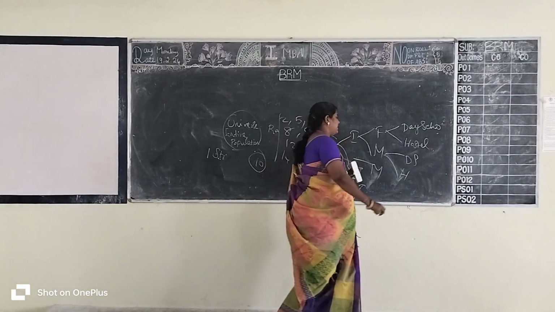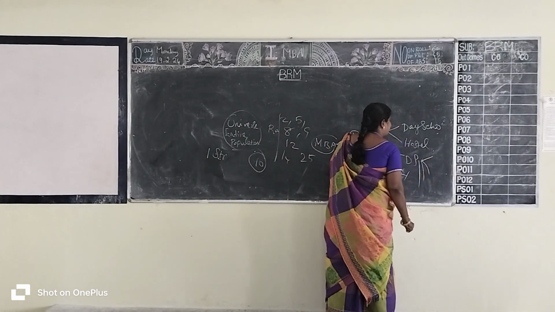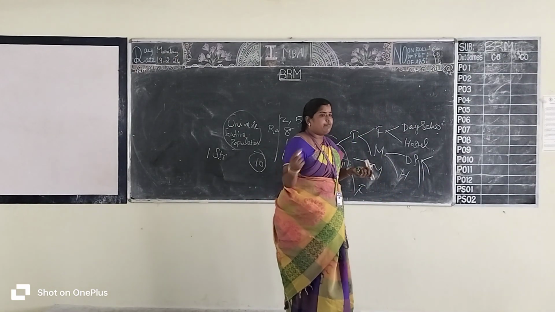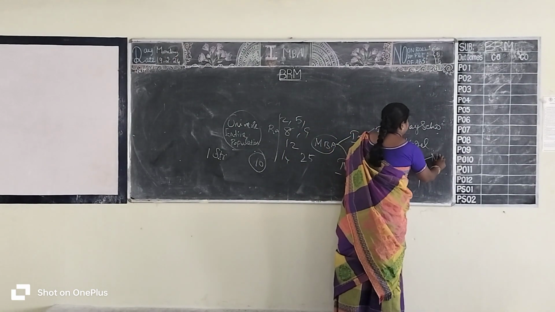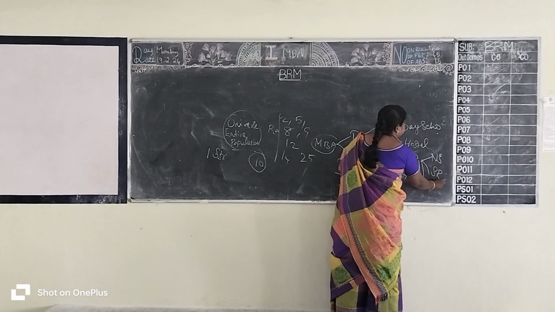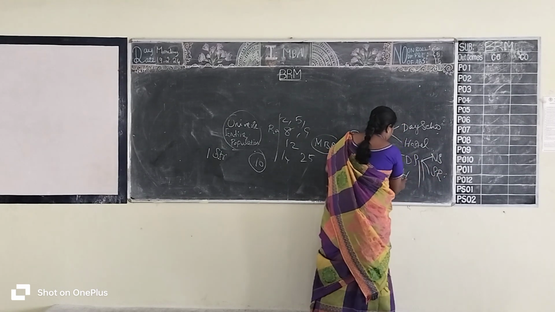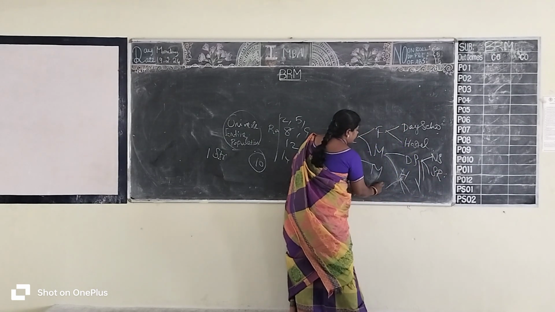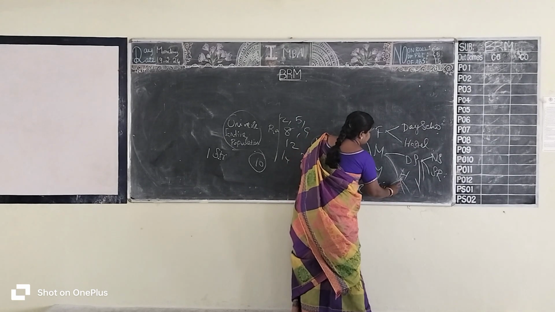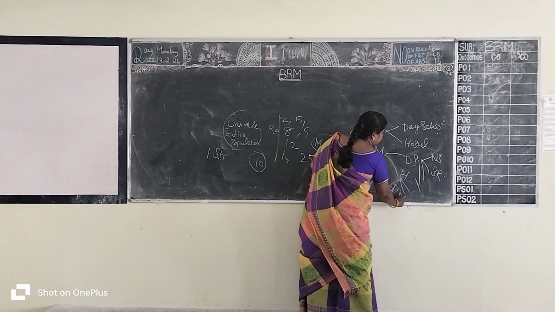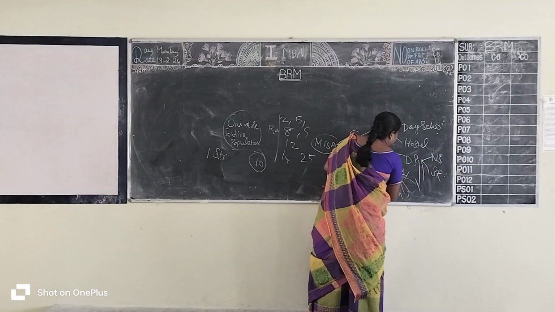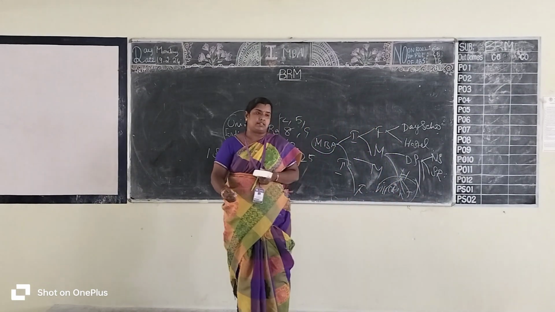From day scholar, it depends upon the diversification from where they are coming: northern part, southern cities. From hosteler, how they are diversified, village, district wise: Chengalpattu, Kanchipuram, Tiruvallur. So this is what is called strata.